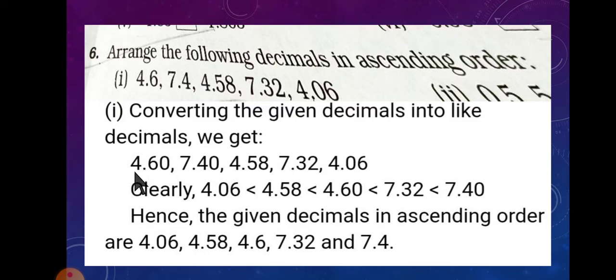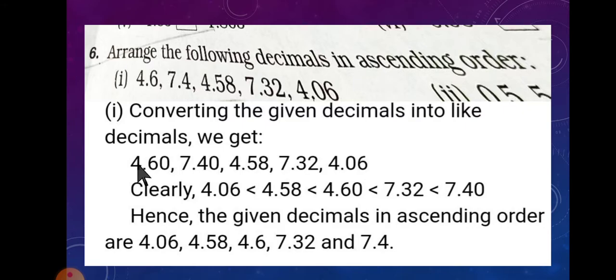Then we will compare, because in a decimal there are two parts: the whole number part before the decimal and the part after the decimal. First we will see the whole number before the decimal. The first number is 4.60, the third number is 4.58, and the last one is 4.06.